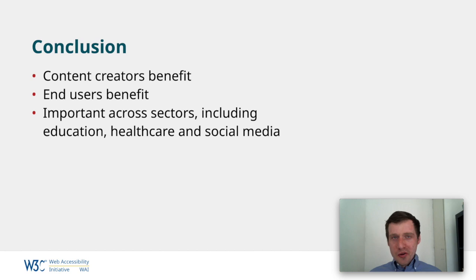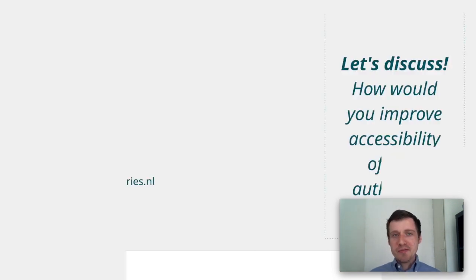And lastly, authoring tool accessibility is important across different sectors that really intersect with people's daily life, like education and healthcare and social media. So maybe it's less about what traditionally we think about when we think about the web. It is a whole bunch of different systems that are used by a whole bunch of different people as part of their work, as part of their life as maybe a consumer or a taxpayer or whatever. And in all of these situations, it really matters a lot that authoring tools are good.